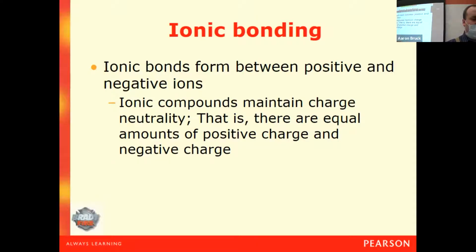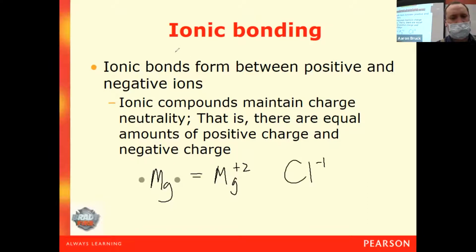But if I have magnesium, which, because it has 2 valence electrons, would form a 2 positive ion, I'm going to need more than 1 chlorine to balance that out.